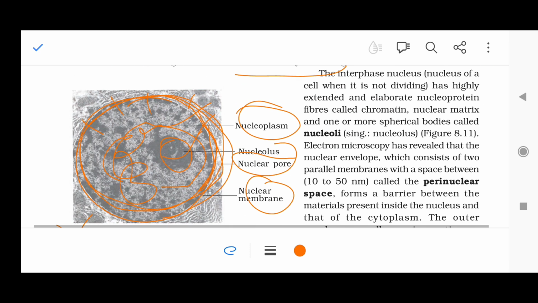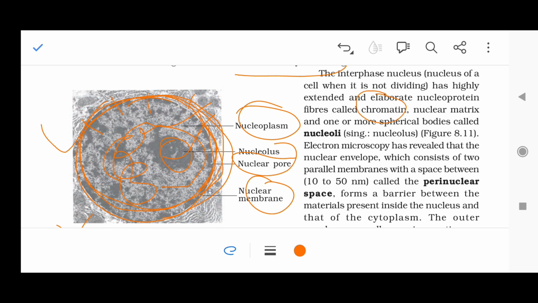So the interphase nucleus means when the cell is not in dividing stage, when cell division is not happening, that stage is called interphase nucleus. That phase is called interphase, and in this stage nucleus is visible like this, has highly extended and elaborate nucleoprotein fibers that will be called chromatin.